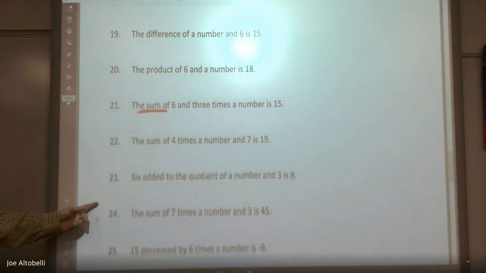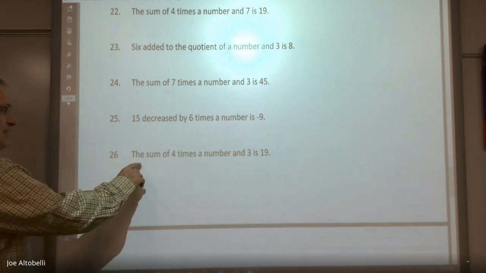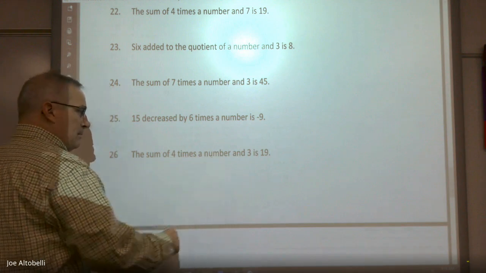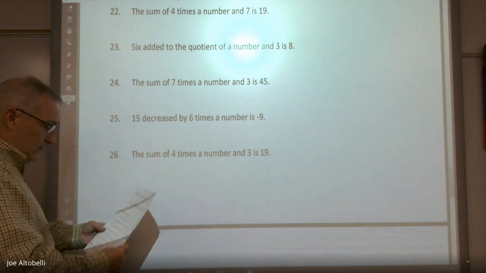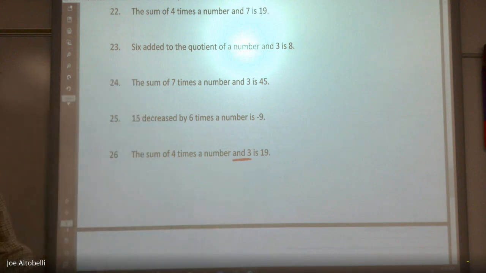And then number 26, it says the sum of 4 times a number and 3, and I believe the and 3 is what I forgot.